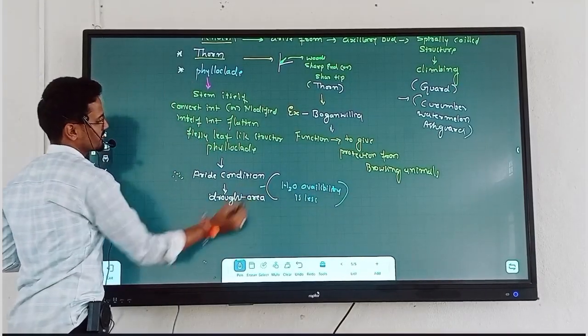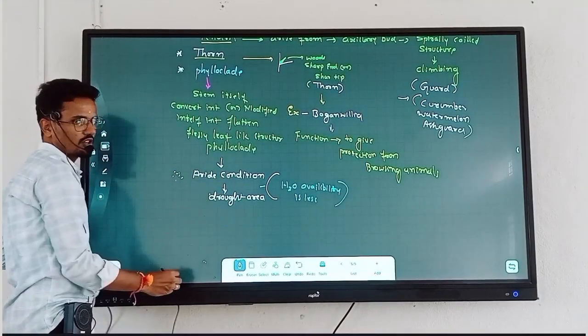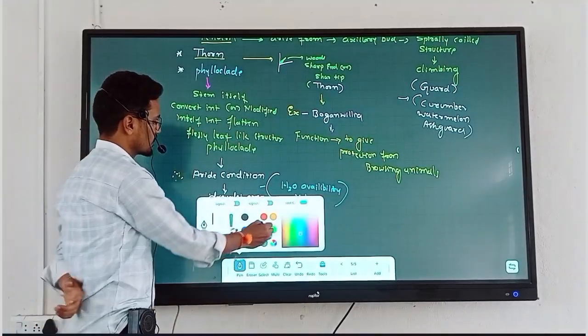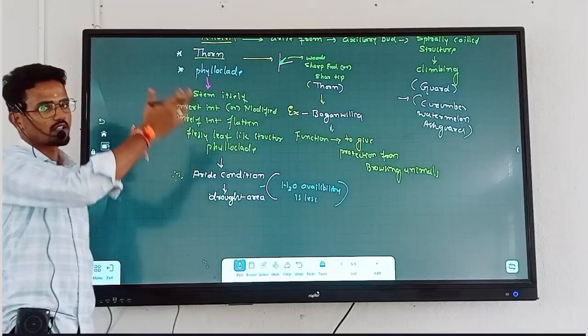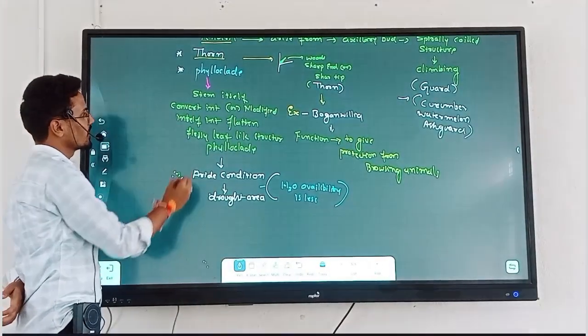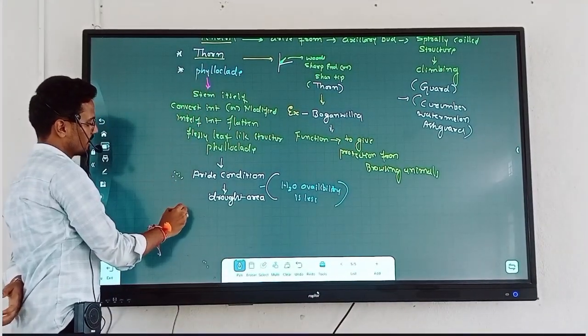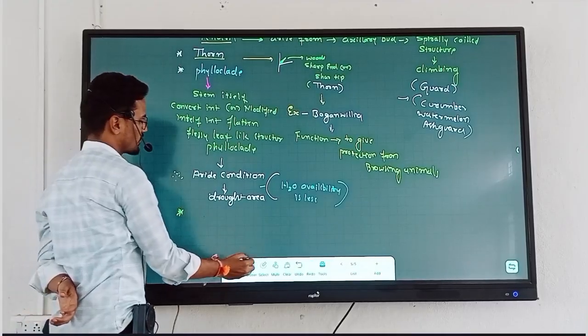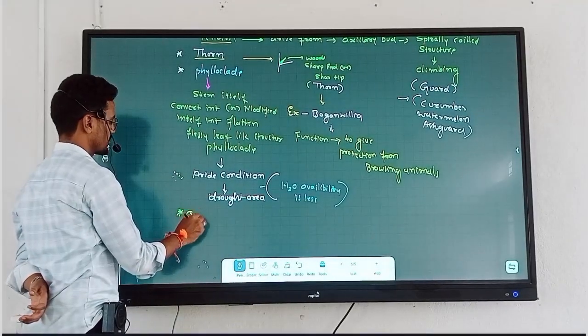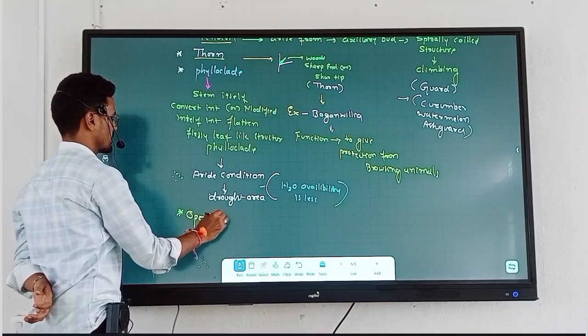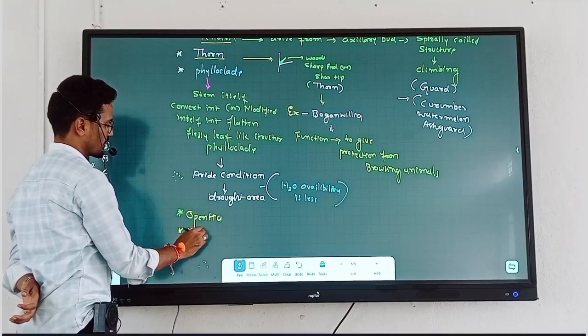That area is called an arid condition or drought condition. In that condition, for the survival of the plant, the plant stem converts itself into phylloclad. The examples for phylloclads are one is Opuntia, another one is Euphorbia.